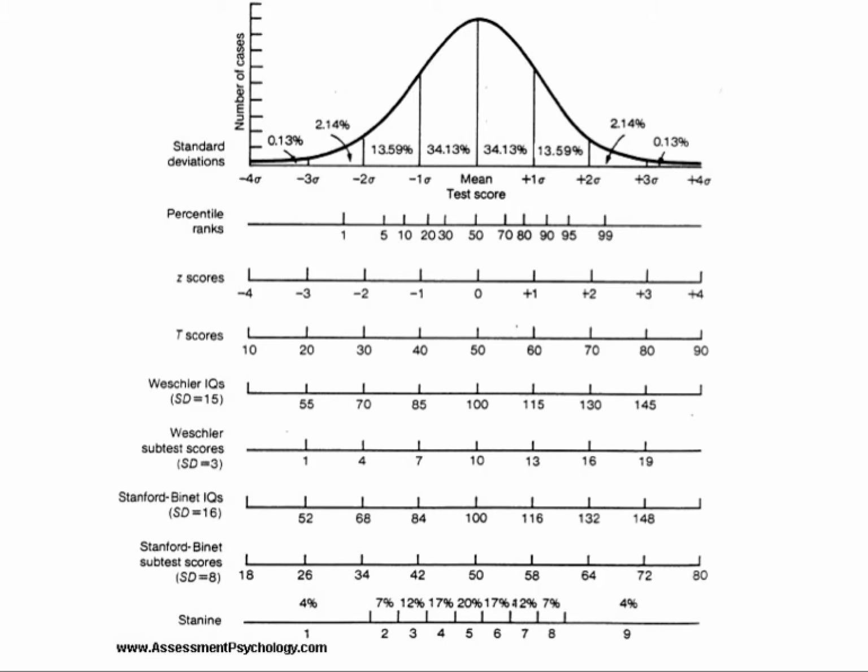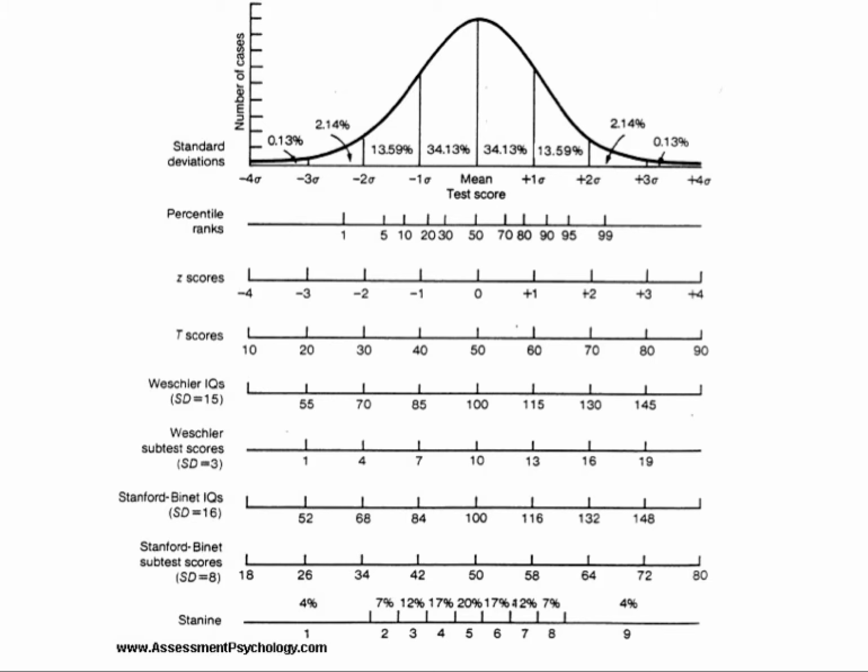You can also see how these scores relate to different types of scores. These are IQ scores. IQ scores are such that 1 standard deviation is equal to 15. So if you had a z-score of plus 1, your t-score would be 60, and your IQ score would be 115. Those all tell you the exact same thing.